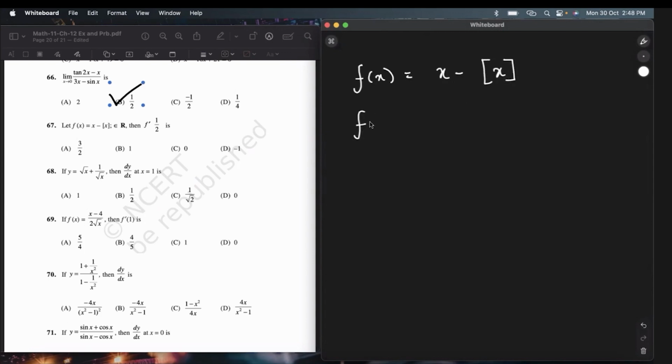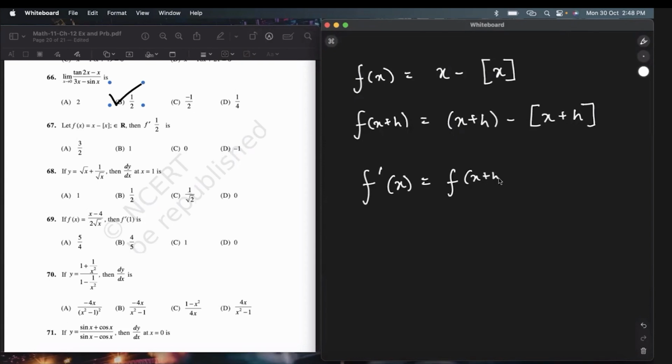Now, if I need to find f(x plus h), it will be x plus h minus GIF of x plus h. Alright, now if I need to find f dash x, what is the formula? I hope you remember it. f(x plus h) minus f(x) divided by h for limit h tends to 0. This is the first principle.